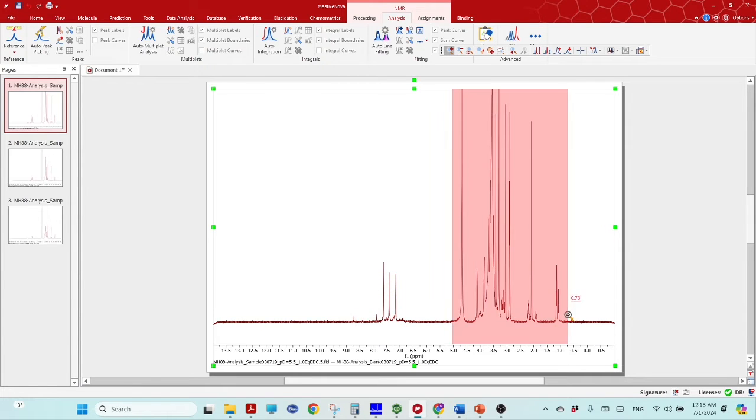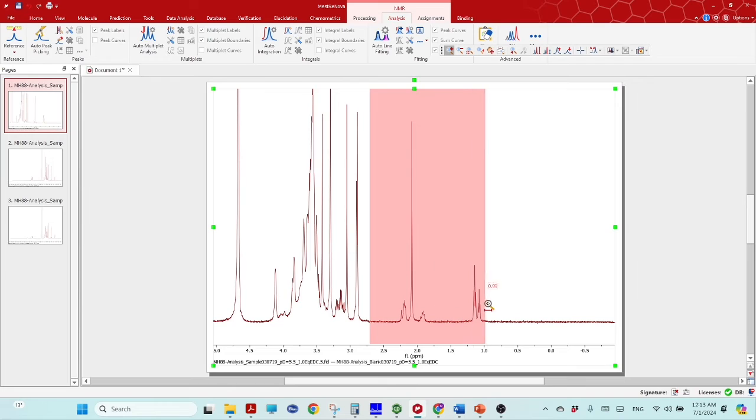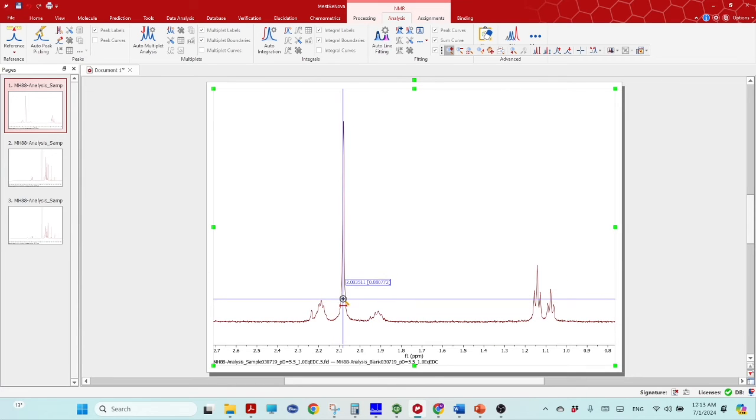First of all, let's zoom in on this area. This peak at 2.08 is actually the DMA methyl peak, the 3 proton methyl peak. Let's integrate this peak first. It is the internal standard, remember that.